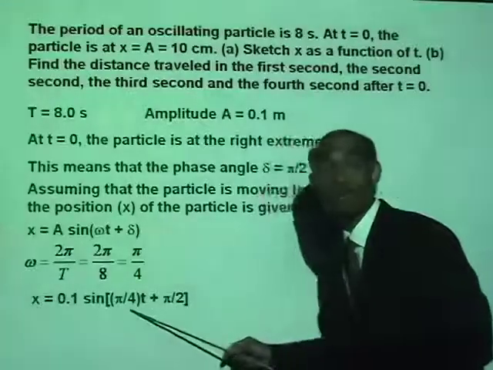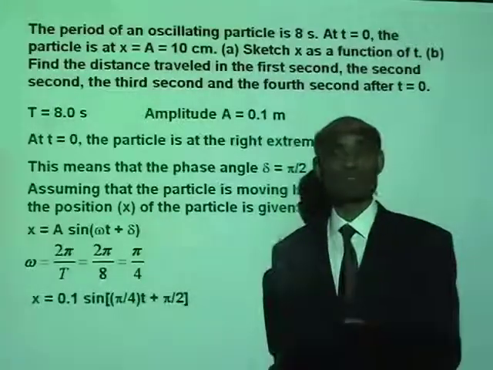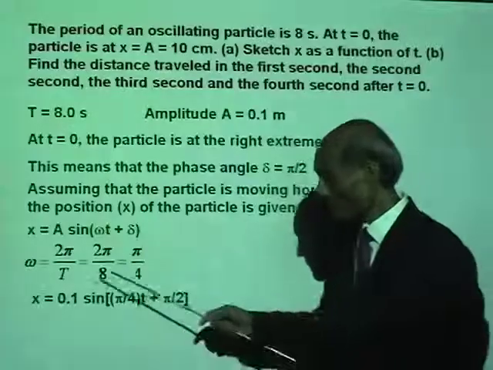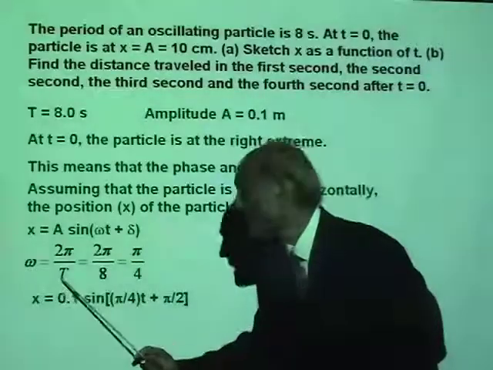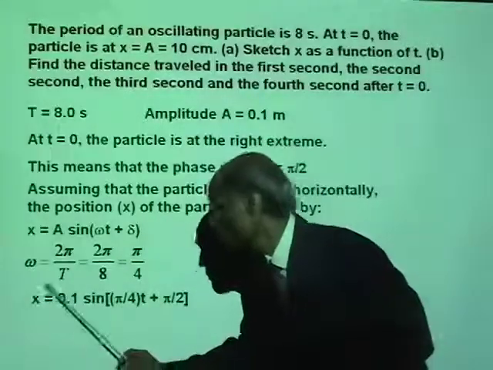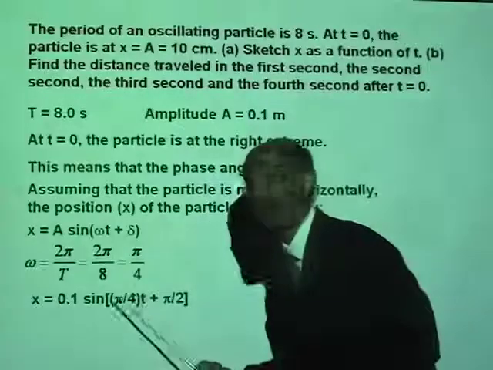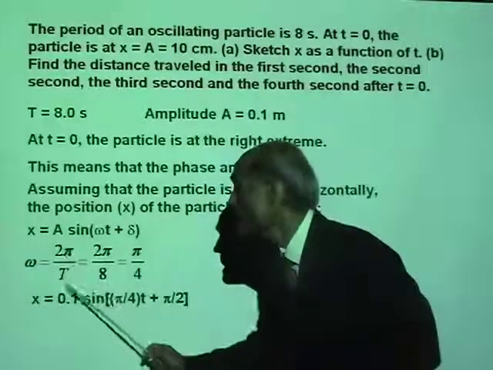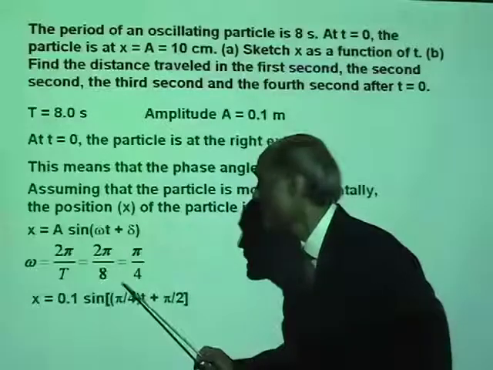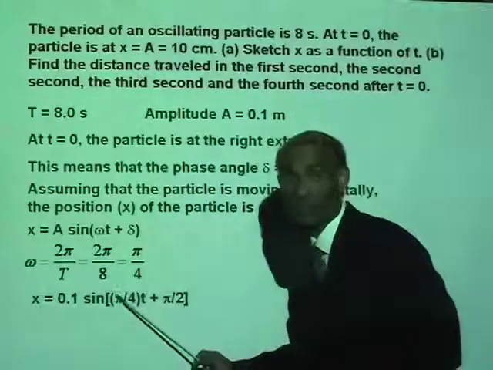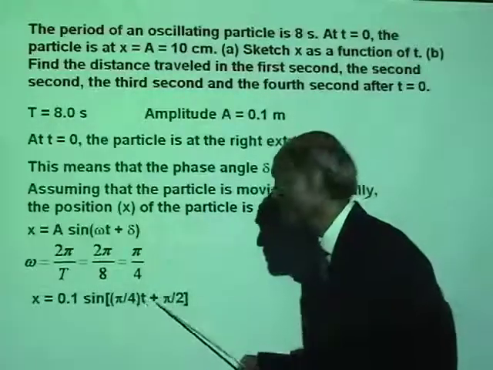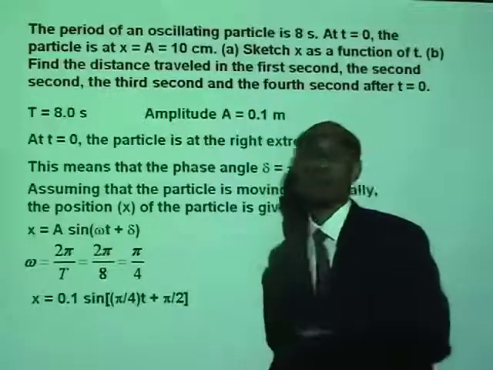Look at the equation of the position function. The position function is now x of t. Remember, x is a function of time. x of t is 0.1 sine of omega t, pi by 4 t, plus delta, which is pi by 2.